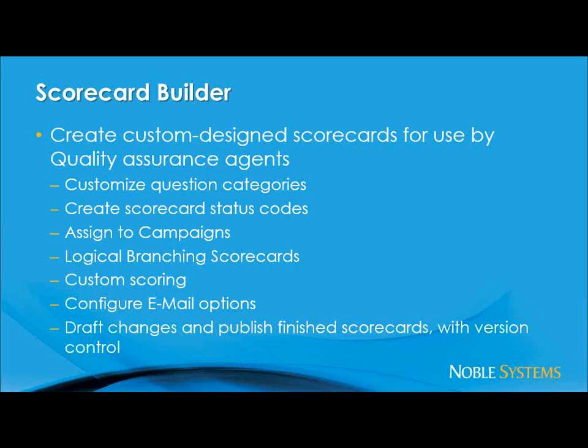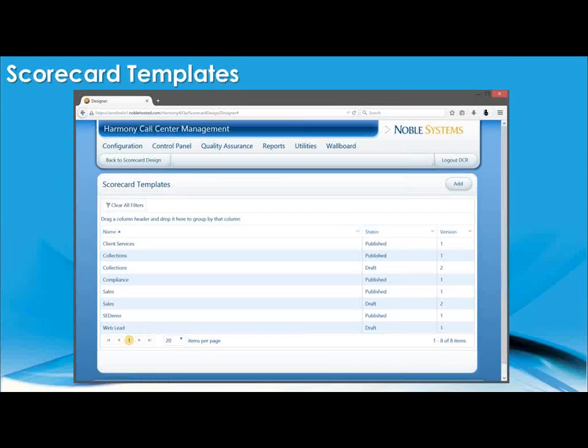The scorecards are also able to be logically branched so that the content of one scorecard can determine the next question asked. So your answer to question number 1 can make question number 2 a completely different question based on the answer. Again, these scorecards are available inside our reporting suite, as well as able to be emailed out to anyone in your organization. These scorecards also use version control, something we can have a look at in our first screenshot here.